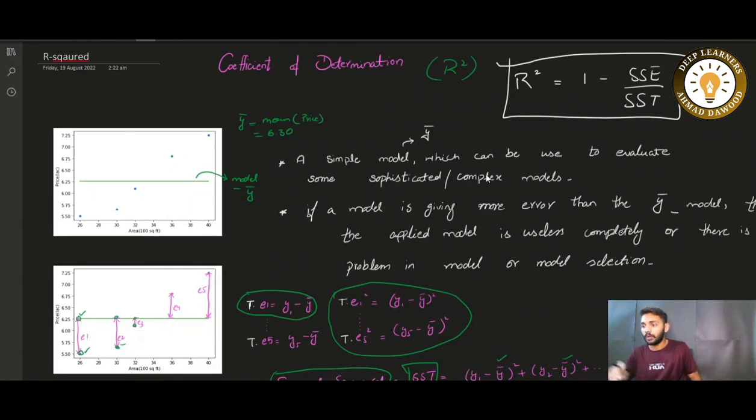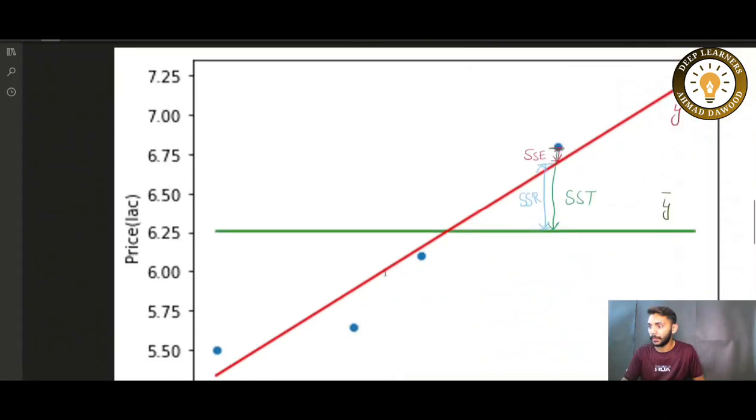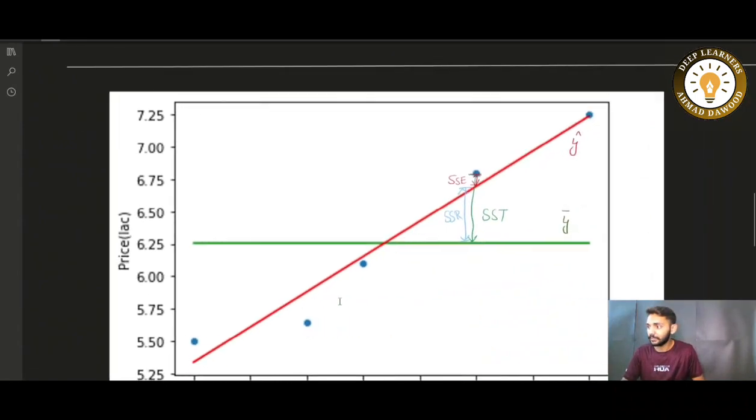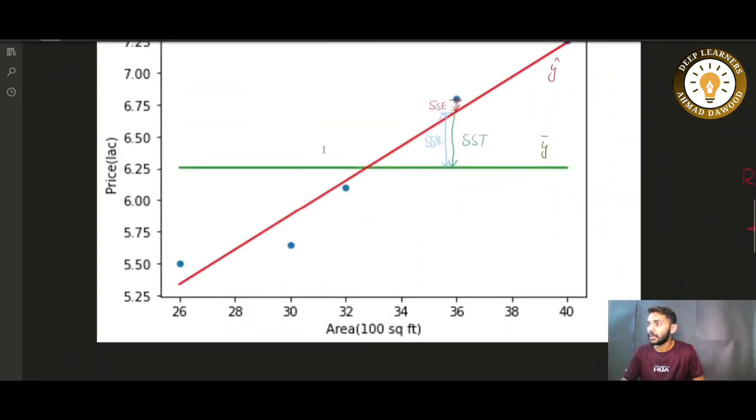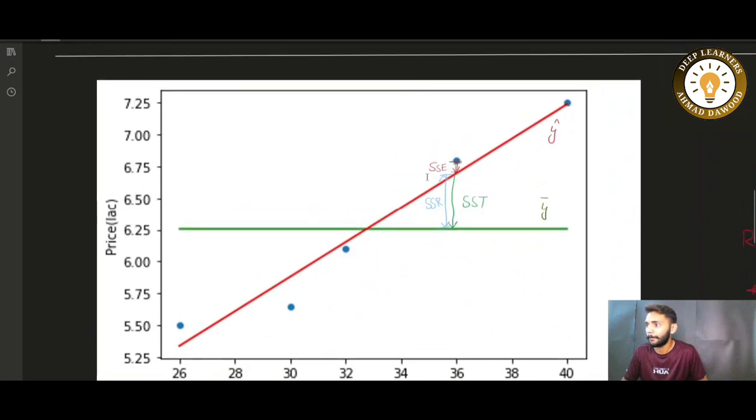Till now maybe you have got the idea how this R square works. Now I will explain it visually. So here you can see this is y bar, this is y cap, and this is your actual value.